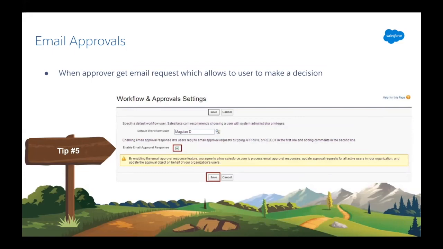They could easily just write approve on the first line, and then it will approve the record in Salesforce, and they could save the extra steps of logging in. But has anyone ever used email approvals? Because I personally have not. And now, after learning about it, I'm pretty excited to try it.